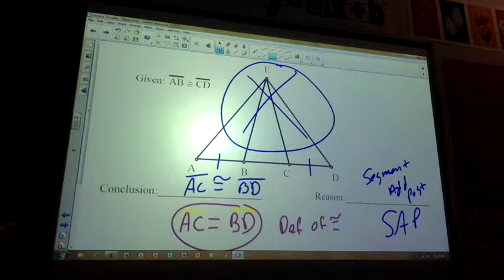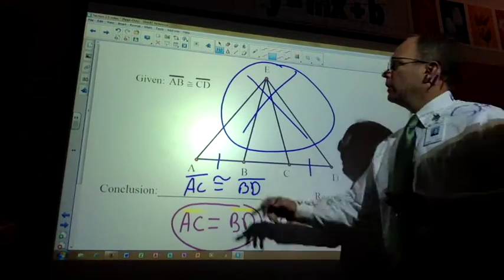That should be the same. So if you make the jump from segment AC is congruent to segment BD, if you say that segment AC is equal to segment BD, how I have the yellow above it, I think you're appropriately stating that. Okay? How do we feel? Everyone happy? No one sad?